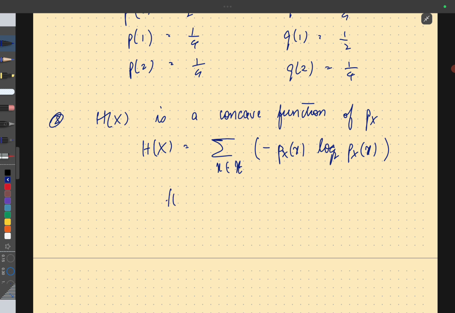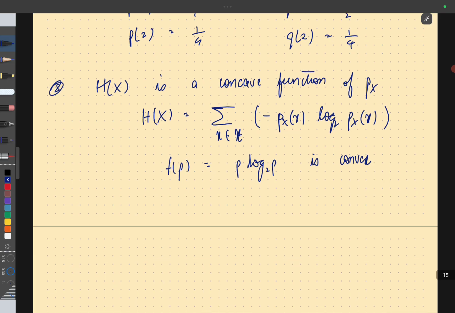The function f of p, which is p log p, is convex. I think we saw this in one of the early classes. Even otherwise, you can just prove this by taking the second derivative and showing that it is non-negative, for all p greater than 0.